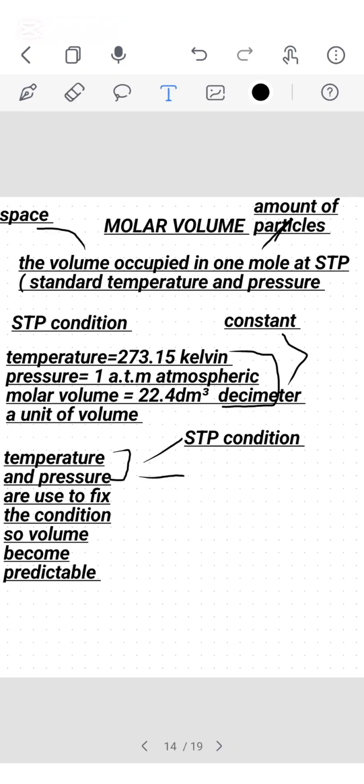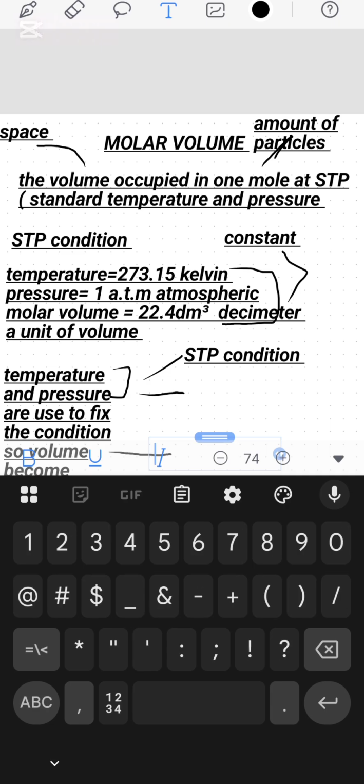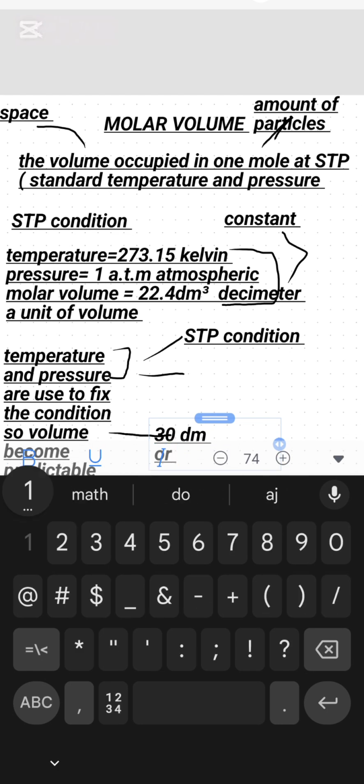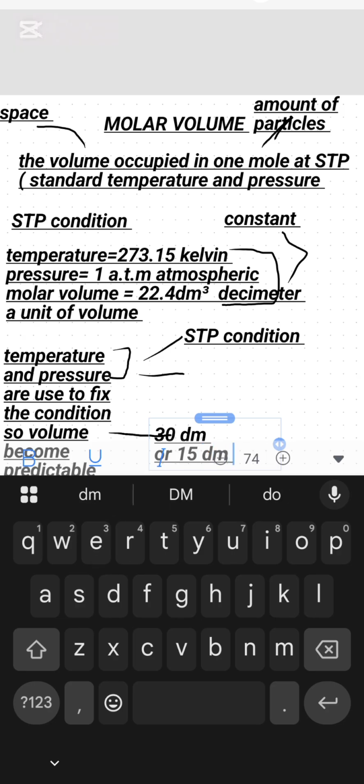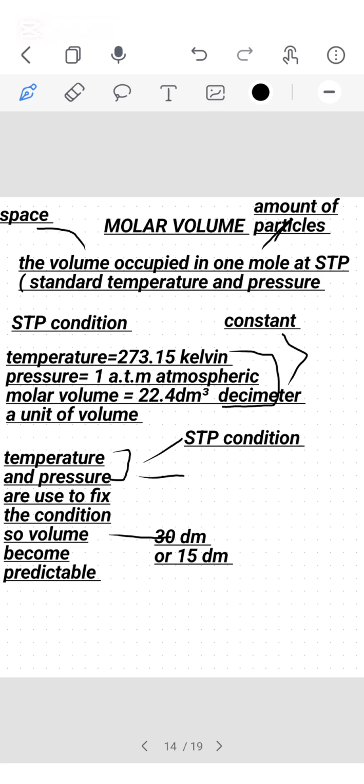What does it mean? These both are used to fix the conditions so the volume becomes predictable. Suppose these weren't there, then volume could not be constant. Volume could be around 30 dm or 15 dm. If these are there, we have a constant value of molar volume which is 22.4 dm cube. This is a very constant value.